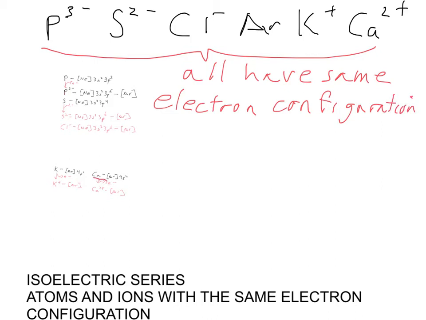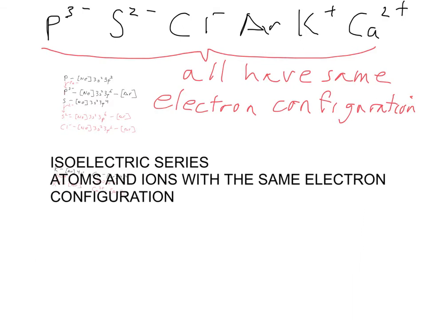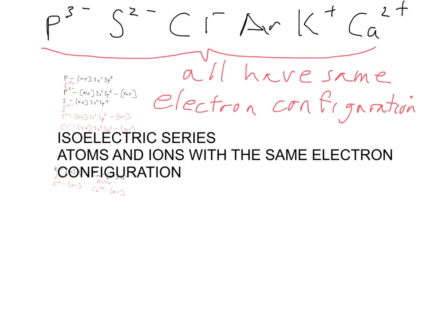That means that they are what we refer to as isoelectronic. Isoelectronic means that atoms and ions have the same electron configuration. We refer to these as an isoelectronic series: atoms and ions with the same electron configuration. So all these atoms and ions have the exact same number of electrons.